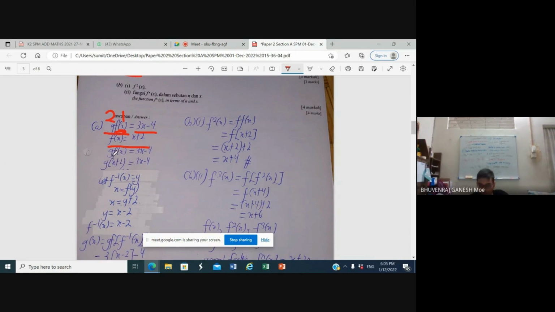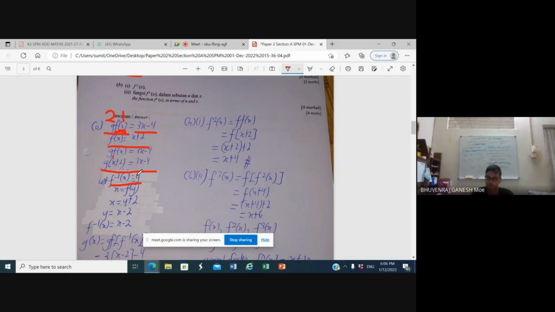This one, gf(x), means g bracket f(x), equals 3x minus 4. So this is what I did here. And then how do you want to find g(x)? So you make an assumption. Let f minus 1. f minus 1 is f inverse. Anything power minus 1 in maths is called inverse.